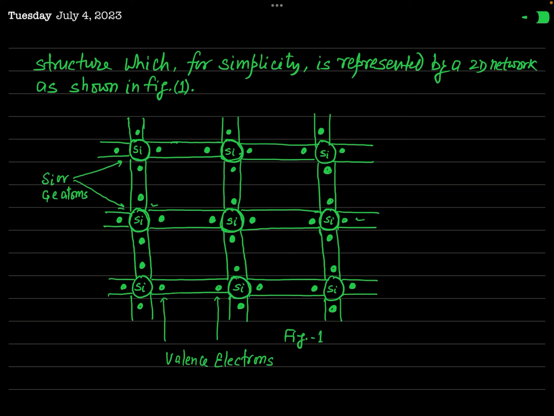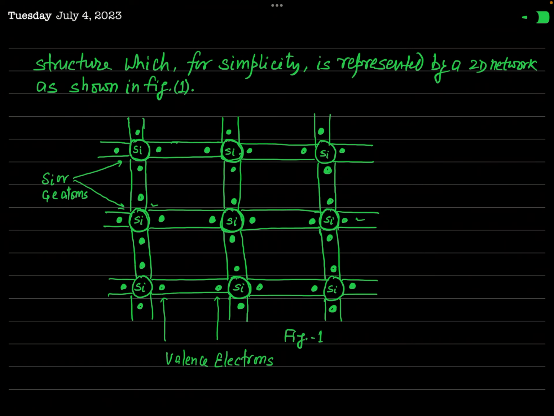Okay. So in this way you can see that any silicon atom is bonded by the covalent bond with the neighboring 4 atoms. This is actually the 2-dimensional view of these bonds in a silicon or germanium crystal.